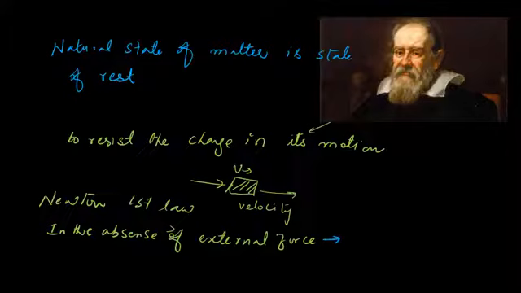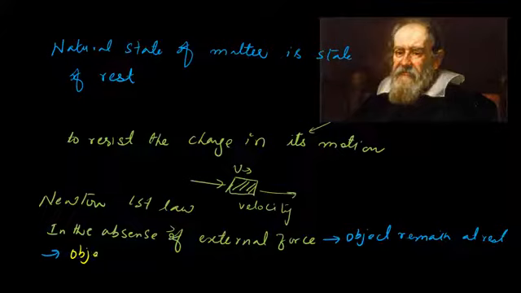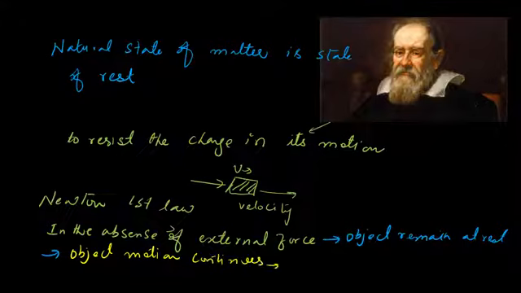an object, if it is at rest, will remain at rest, and if it is in motion, the object's motion continues and it moves with constant velocity.